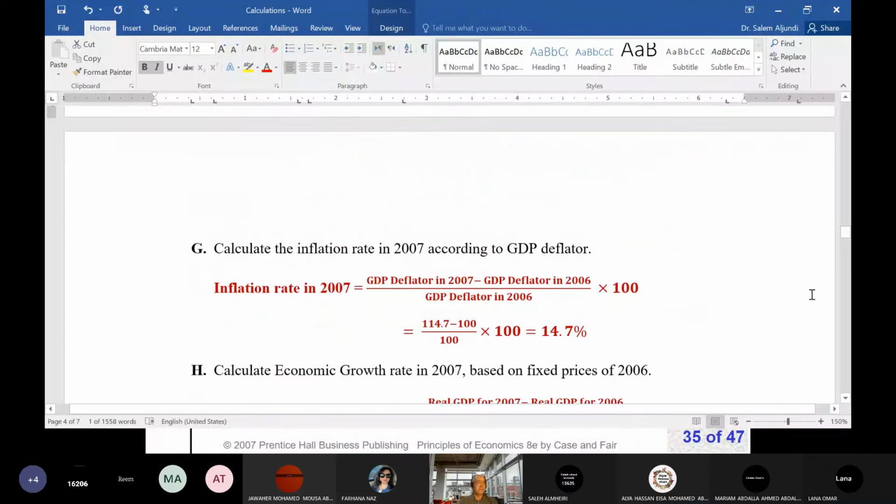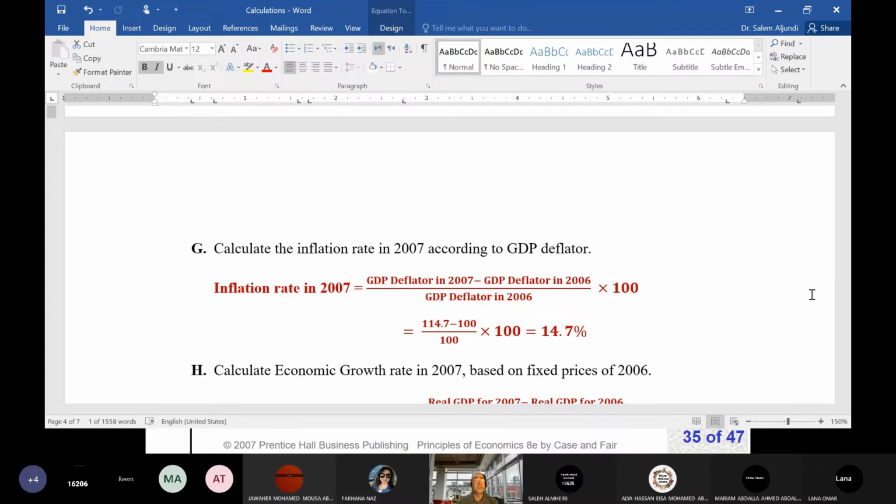So now calculate inflation rate. So again, what is inflation rate? Percentage increase in a price index. The price index is GDP deflator. So delta Y divided by Y. What is delta Y? A change in Y. Y2 minus Y1 divided by Y1 times 100 to get percentage.